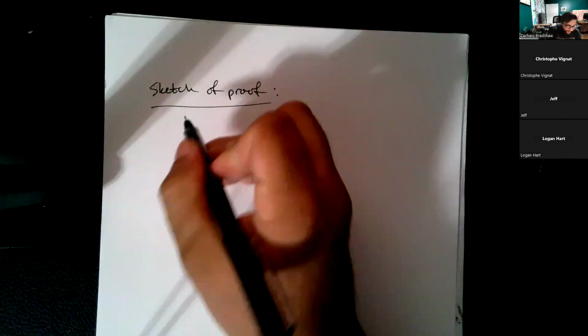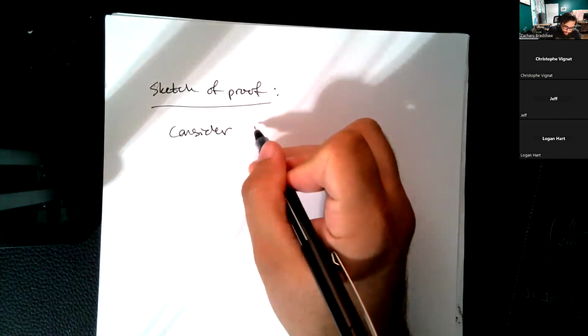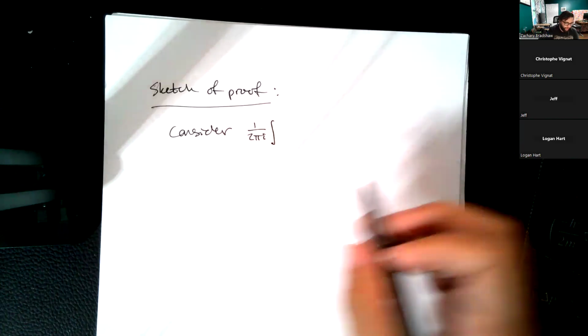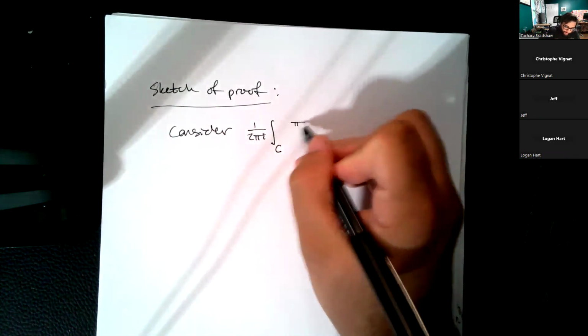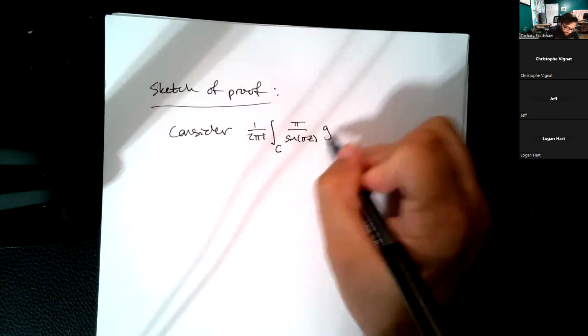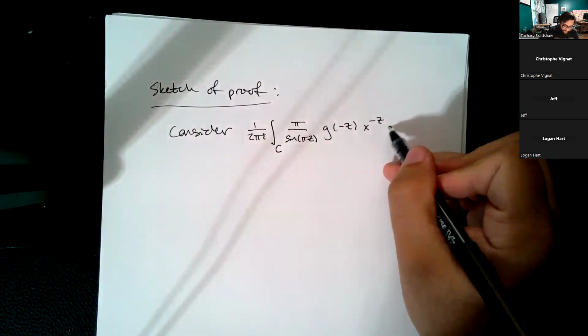All right, so we're going to consider the integral 1 over 2 pi i, the integral along C of pi over sine of pi z, g of minus z, x to the minus z, dz.